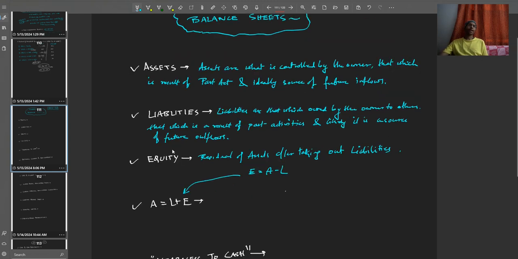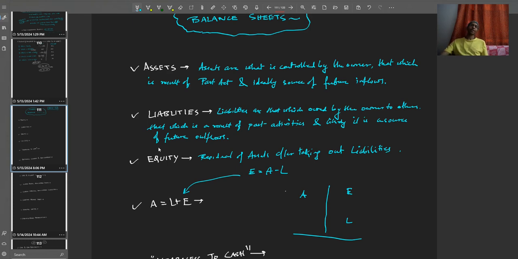Now this is the main source of the balancing. On one side you have assets, and on the other side you have equity and liabilities, both exactly matching each other, because equity is basically nothing but A minus L. You take out the liabilities out of the assets, whatever remains you put in equity, and you balance both sides. This is how a balance sheet is constructed.